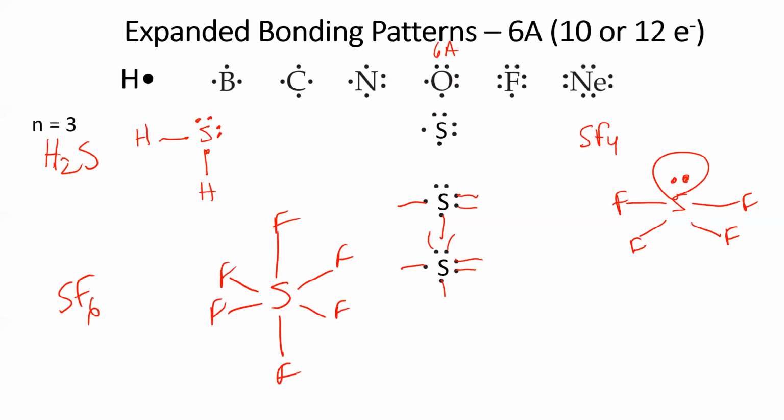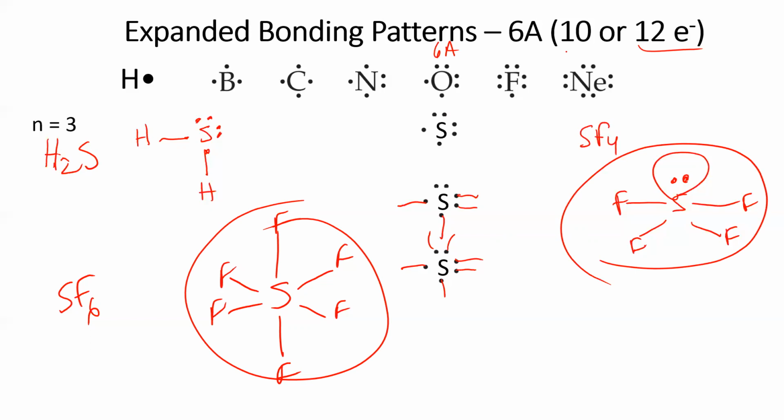So you can see that this is an expansion of 12 hypervalency. This is an expansion of 10 hypervalency. So these are bonding patterns. So group 6A, what does it like to have? 6 bonds, or 4 bonds and 1 lone pair, or 2 bonds and 1 lone pair. Oh, I was going to go back to 5, but you get it.